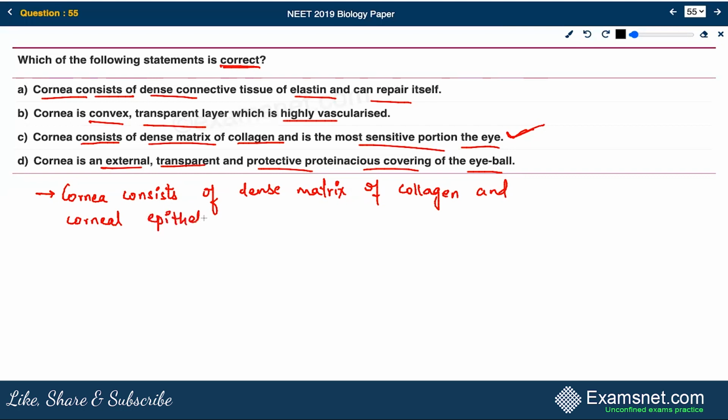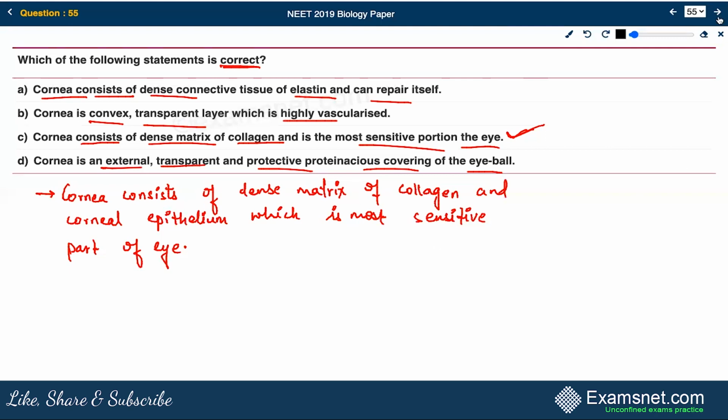So this is usually made of collagen and corneal epithelium, which is the most sensitive part of the eye. All right. So option C is the correct answer.